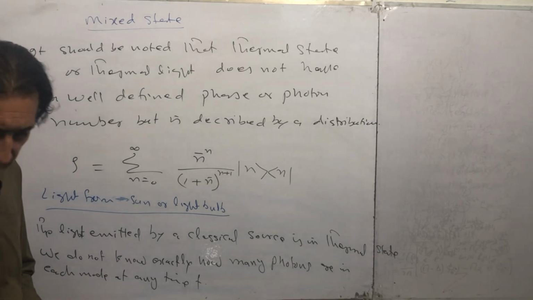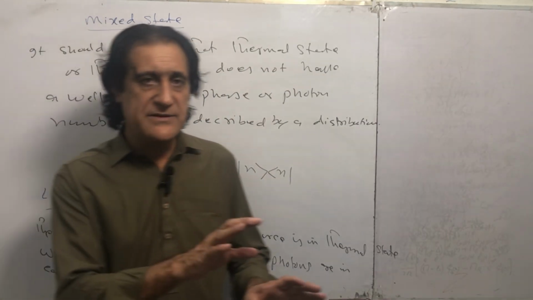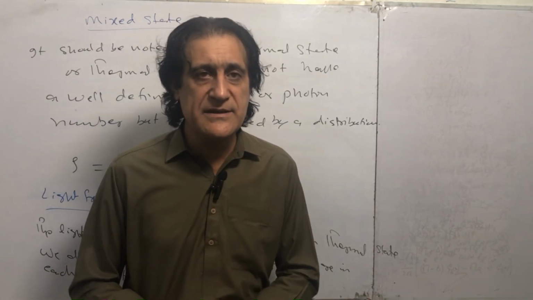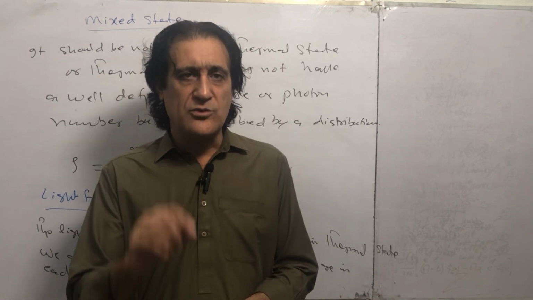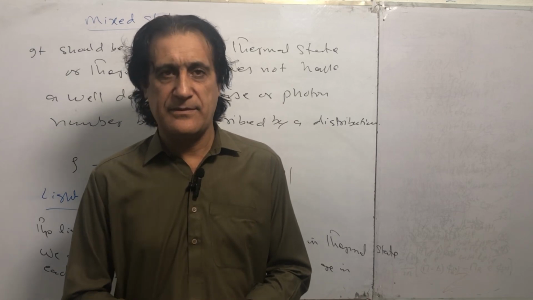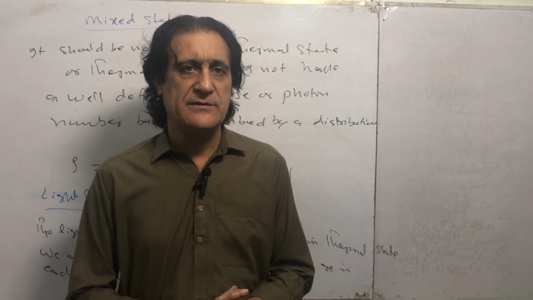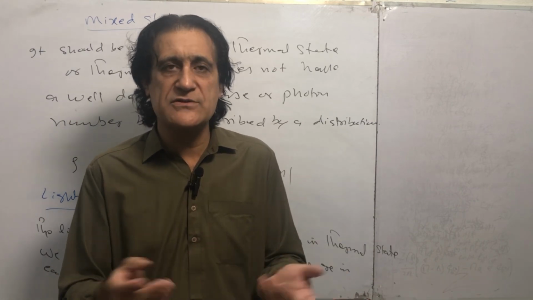So to summarize, we have a pure state and the other one is a mixed state. In a pure state, we know about the quantum state, and an example is the photon number state, the Fock state.